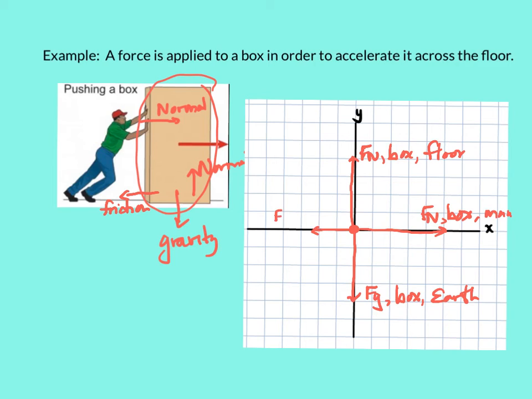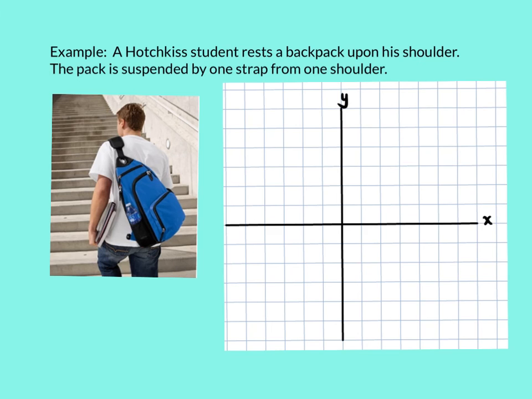Notice I'm going to draw it pretty small, box by the floor, because the acceleration is not equal to 0. It's accelerating in this direction, so we have an F net moving to the right. So these two forces are congruent, but the force of friction and this normal force are not the same. The one is bigger, so we end up with a net force to the right.